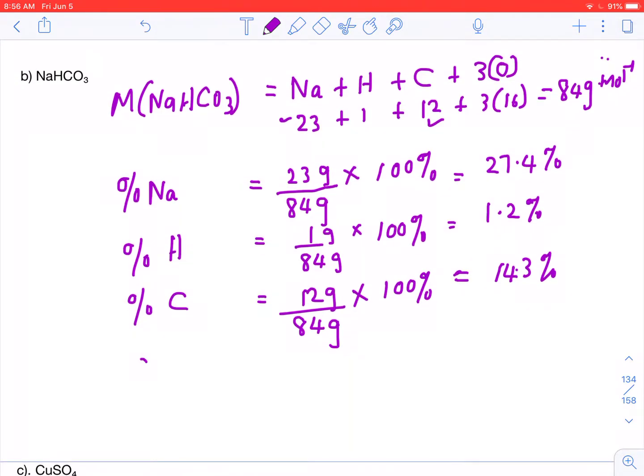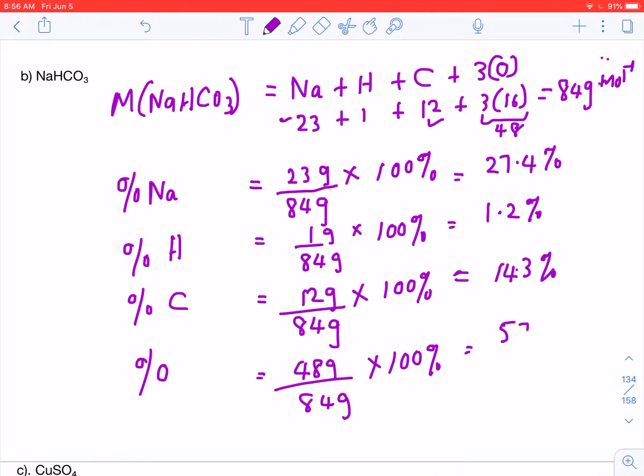And then oxygen, as you can see, 3 16s are 48, so it's 48 grams upon 84 grams times 100%, which is then equal to 57.1%.